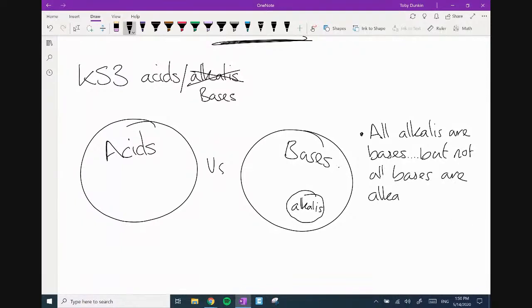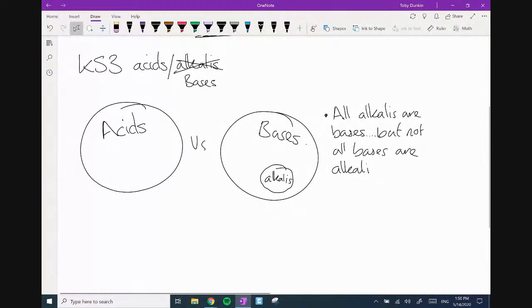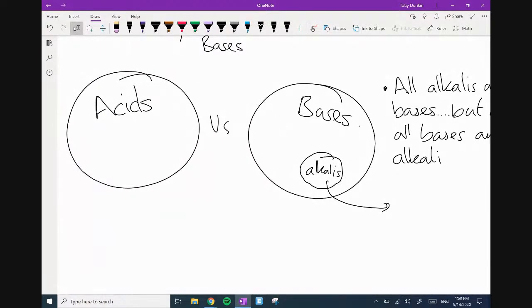So the question is, onto the chat, see how many of you remember this from year 7. What's the difference? What makes an alkali an alkali? One word, that's all I want. What makes a particular base an alkali? Let's see who replies on the chat.